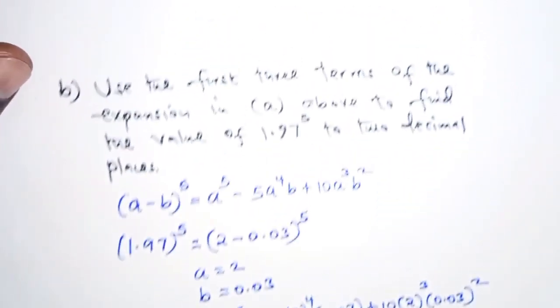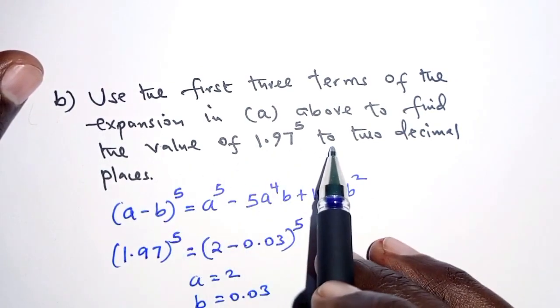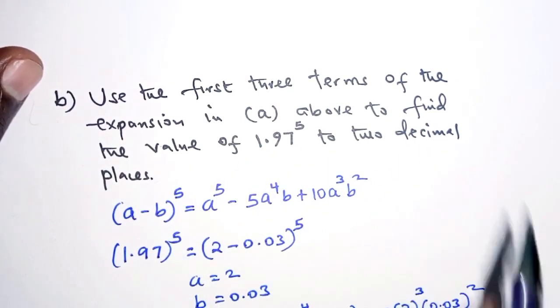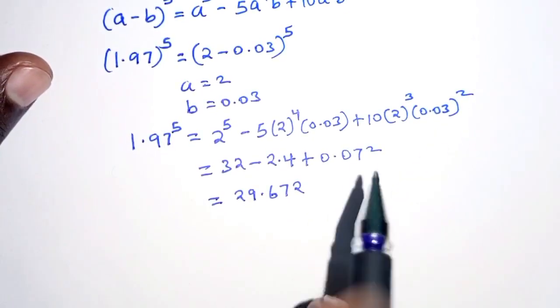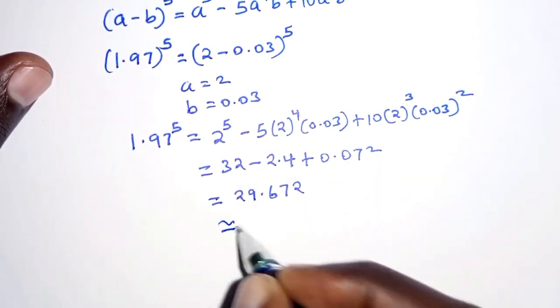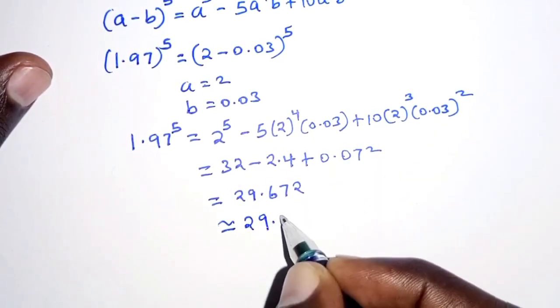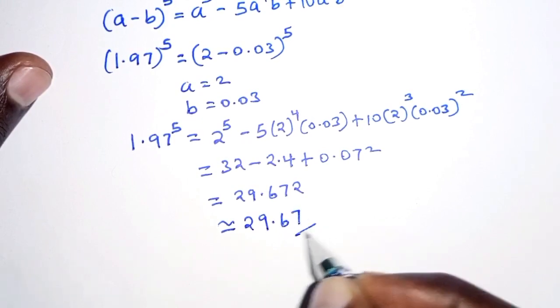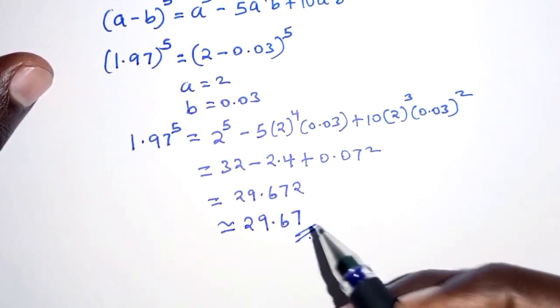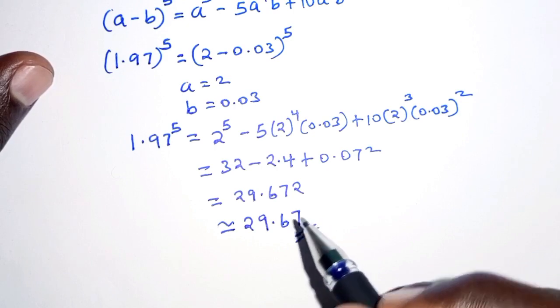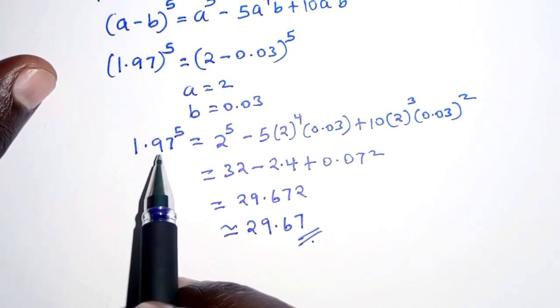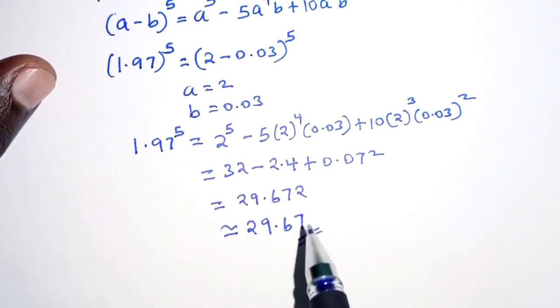But remember, we are required to give our answer to 2 decimal places, so that should be approximately 29.67. And thus we have used the expansion in part A to determine the value of 1.97^5.